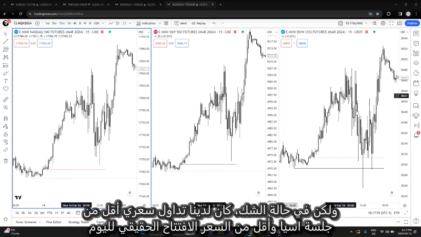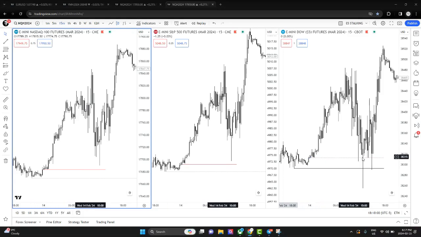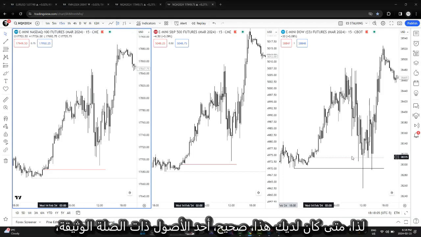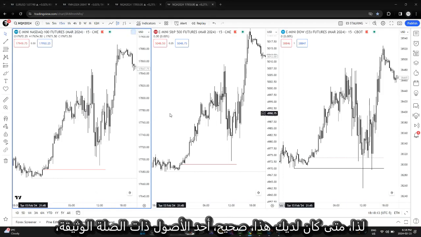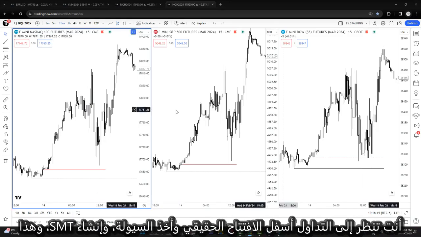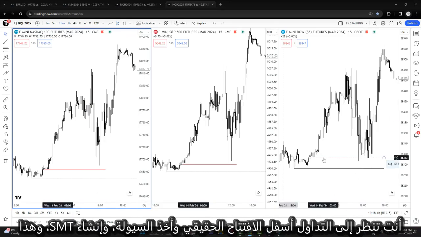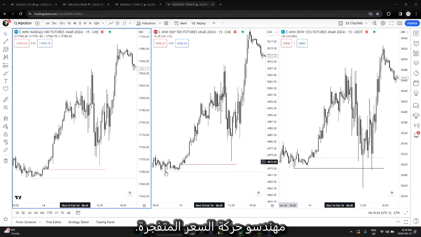But in Dow, we had price trade below the Asian session and below the true day open. So whenever you have this, right, one of whichever amount of closely related assets you're looking at trading below the true open and taking liquidity, creating SMT, this engineers explosive price action.